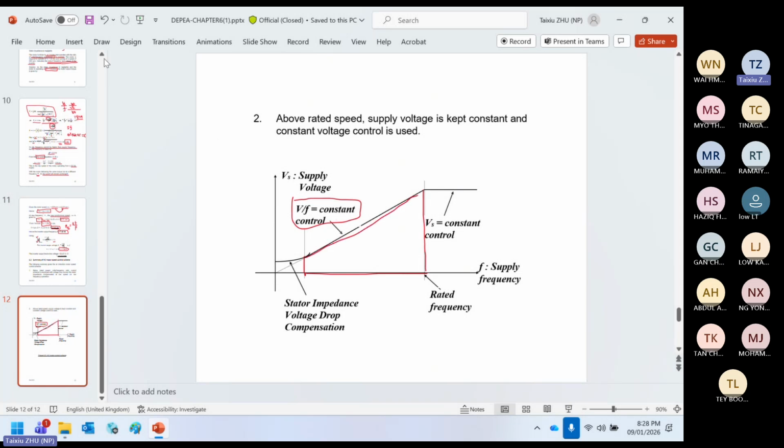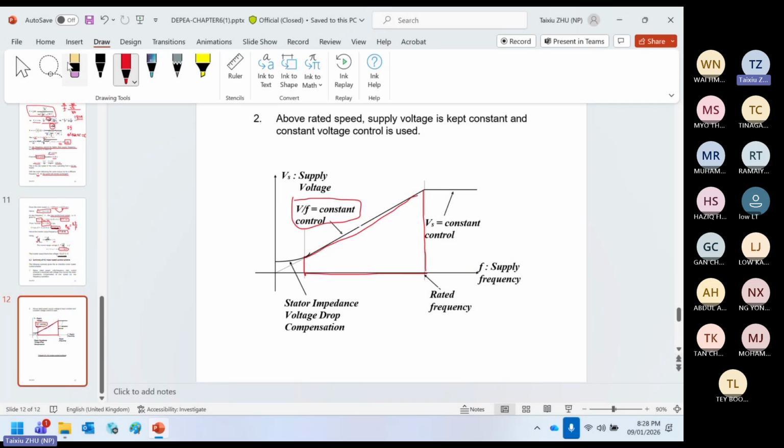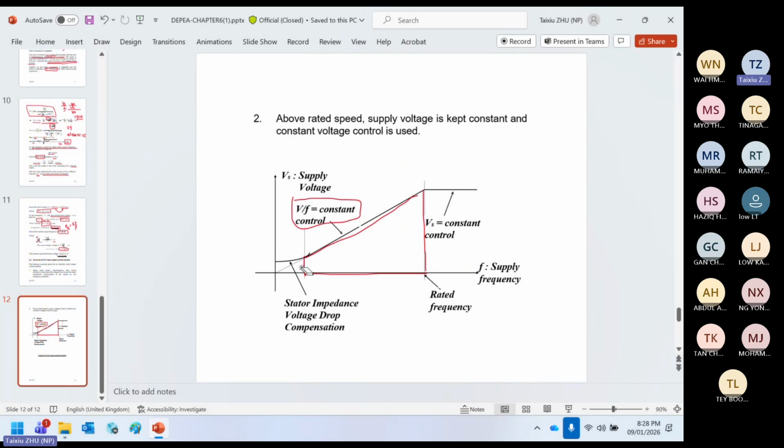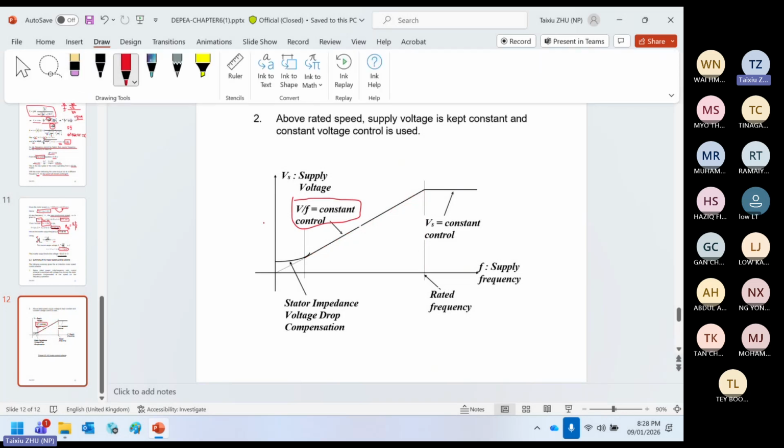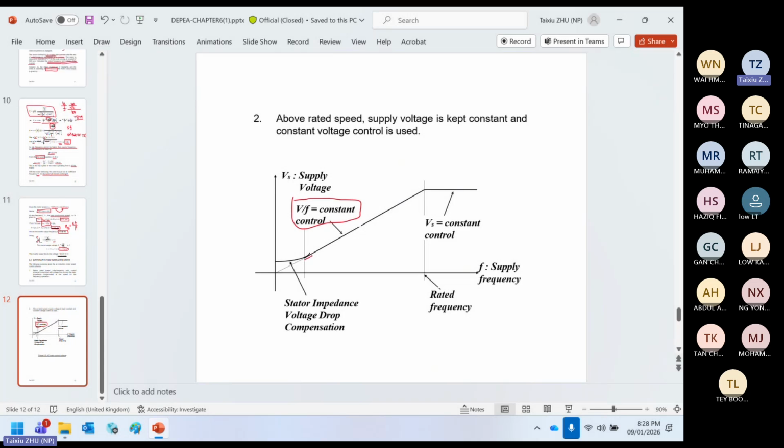Let me draw this one more time. This one you must know, that means you will use it in the test. So between here and here, in this region, indeed I can do V over F constant.